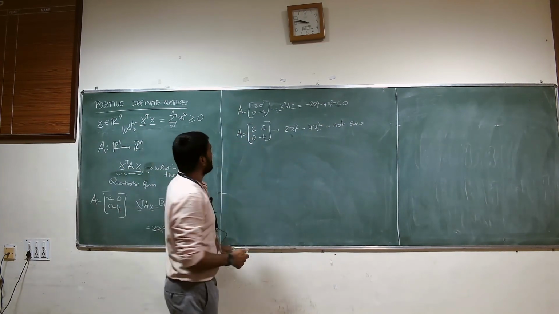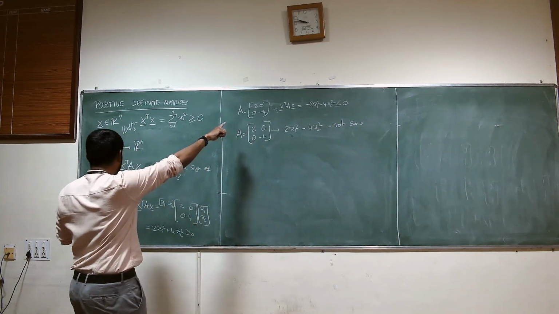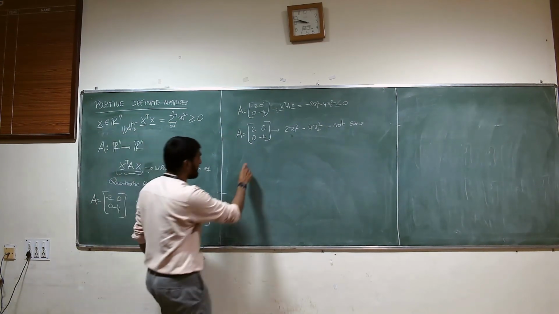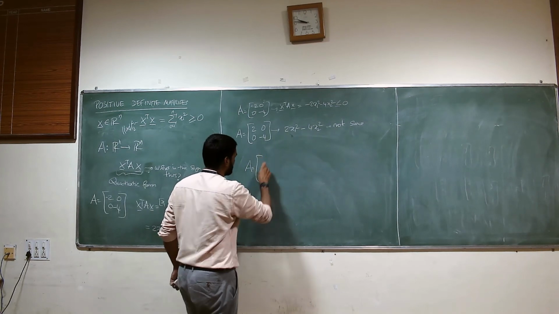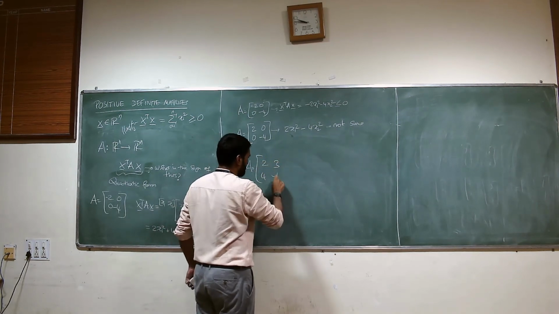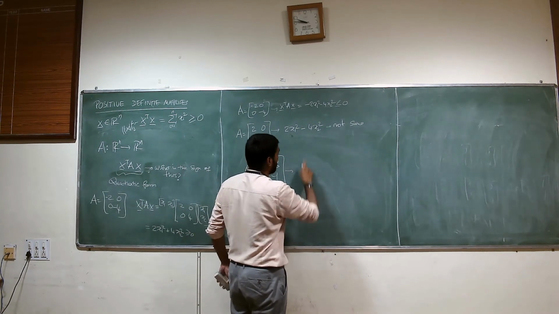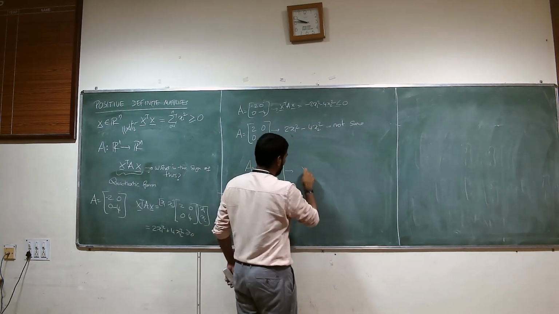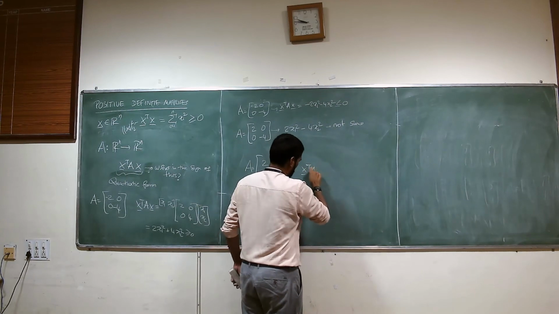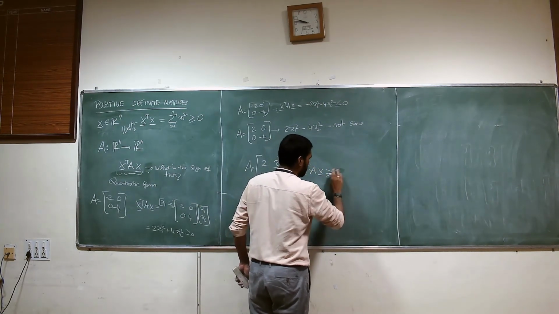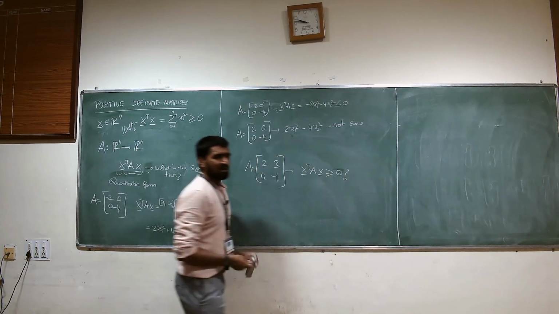Okay. Well, I've chosen diagonal matrices to make our life simpler. But if I have an arbitrary matrix, you'll get a corresponding quadratic form like this. And we are interested in knowing, is this always greater than or equal to 0? Is this true? Okay.